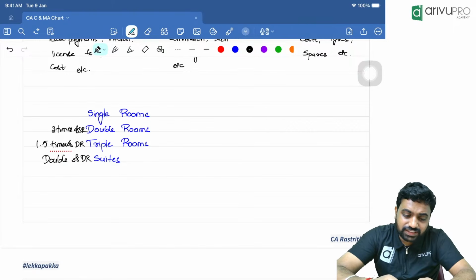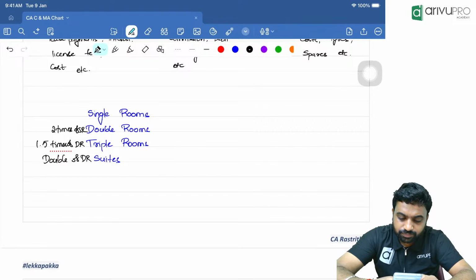And for suites we are charging double of a double room. So for a double room we charge 2 times of a single room, for a triple room 1.5 times of a double room, and for suites double of a double room. Is it clear? Great.